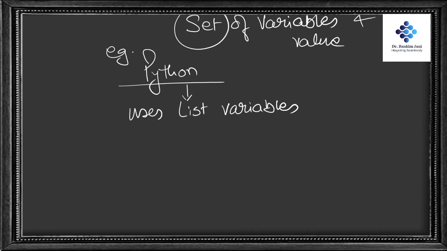When we say list, think of it this way: if you have gig 0/0, gig 0/1 and gig 0/2, and all these ports are currently administratively down, they are shut, and you have to open them.